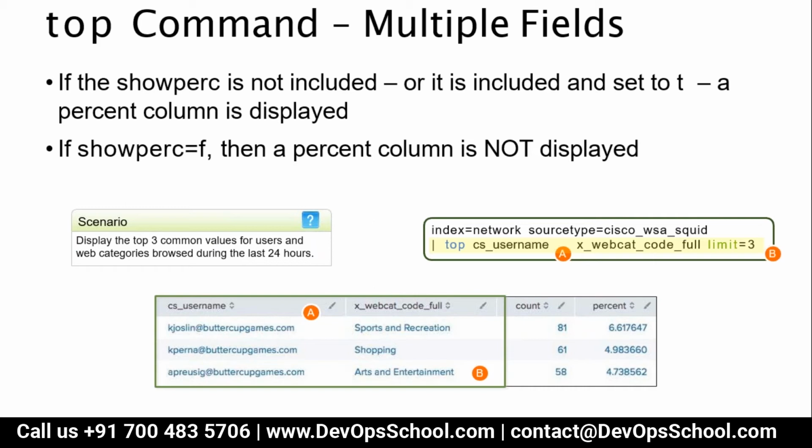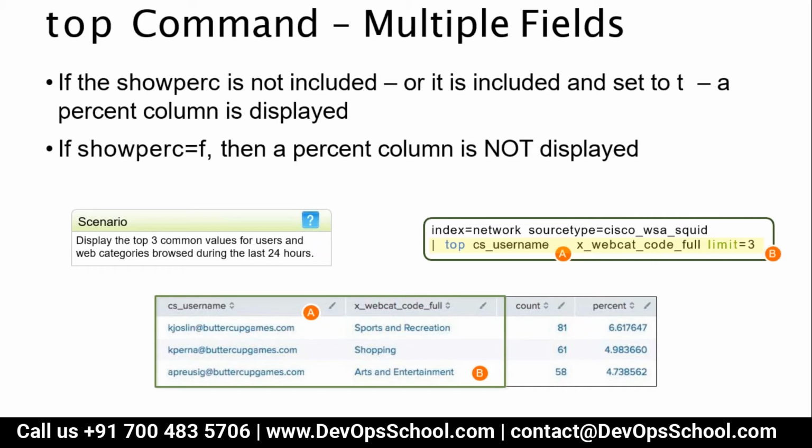So here for the user I said top CS username. You get all the users, by default you get 10, but here you see that the limit is 3. But at the same time you should also include web browsing during the last 24 hours.